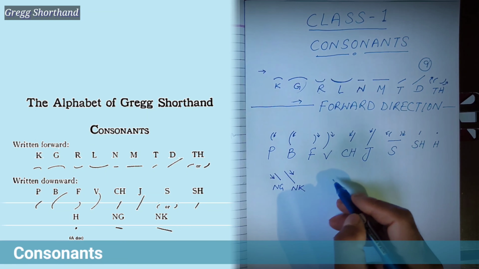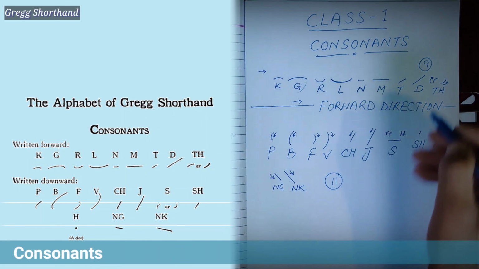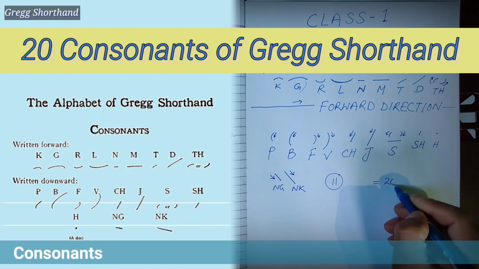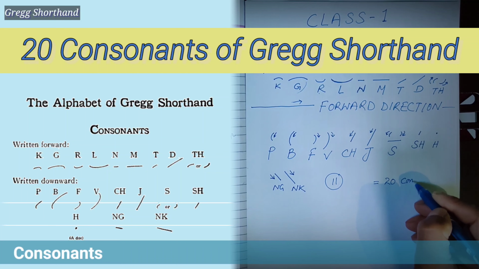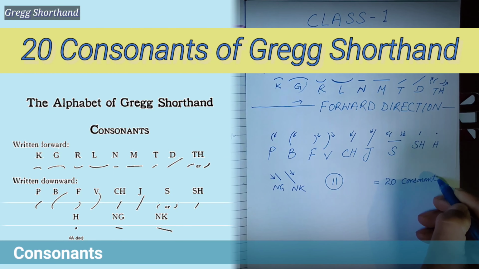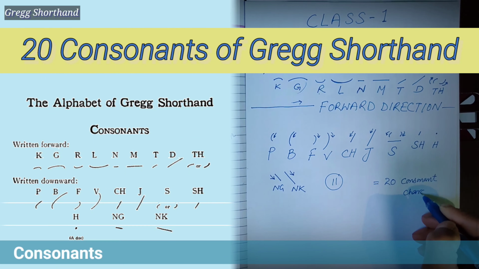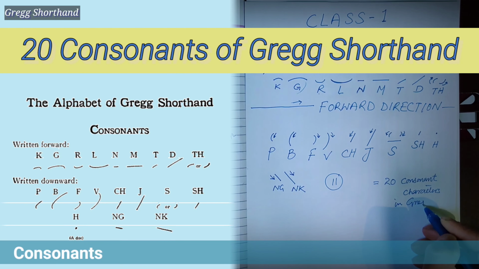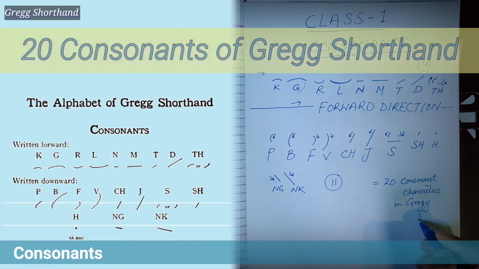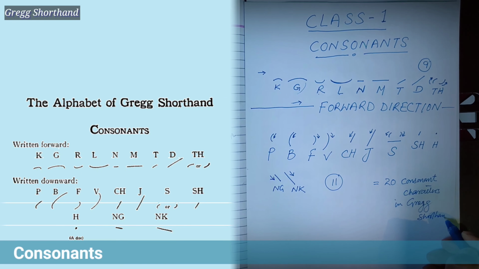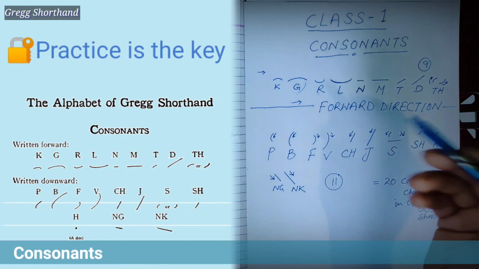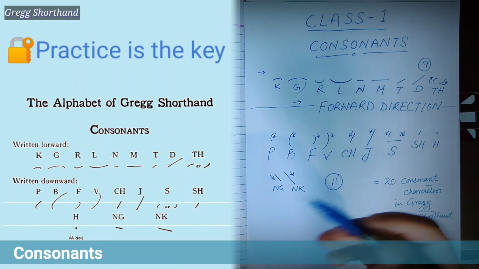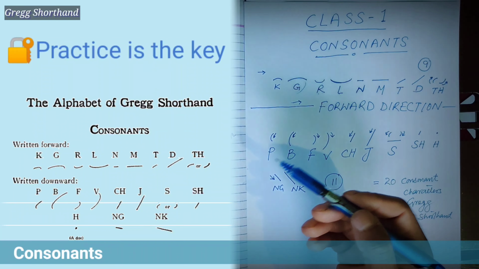So we have 11 over here and 9 over here, a total of 20 consonant characters in Gregg Shorthand. You have to remember this. The more quickly you are able to grasp and memorize these characters, the easier it will be for you.